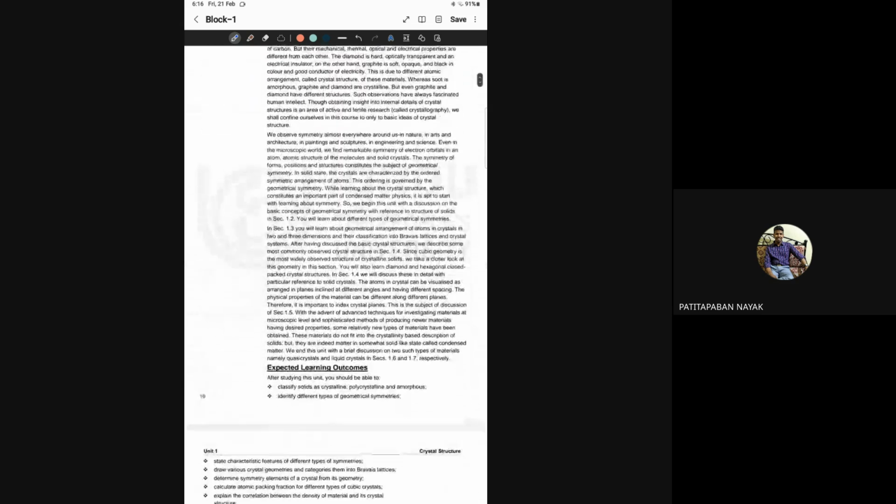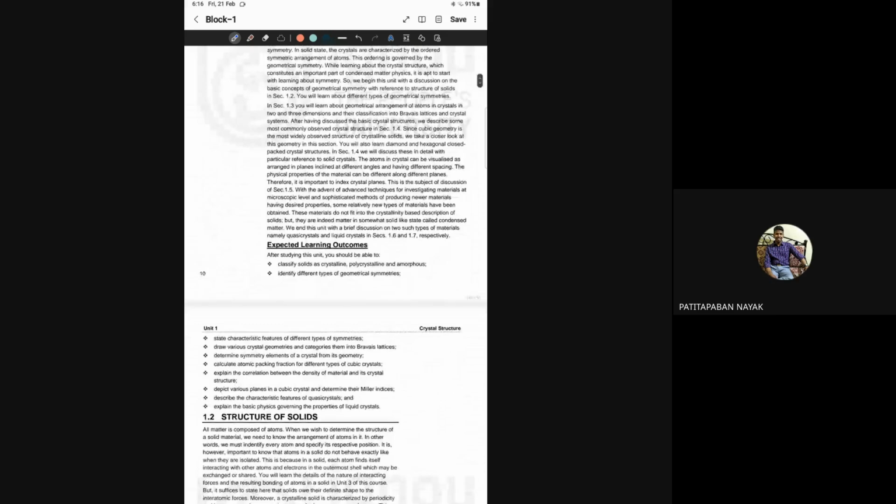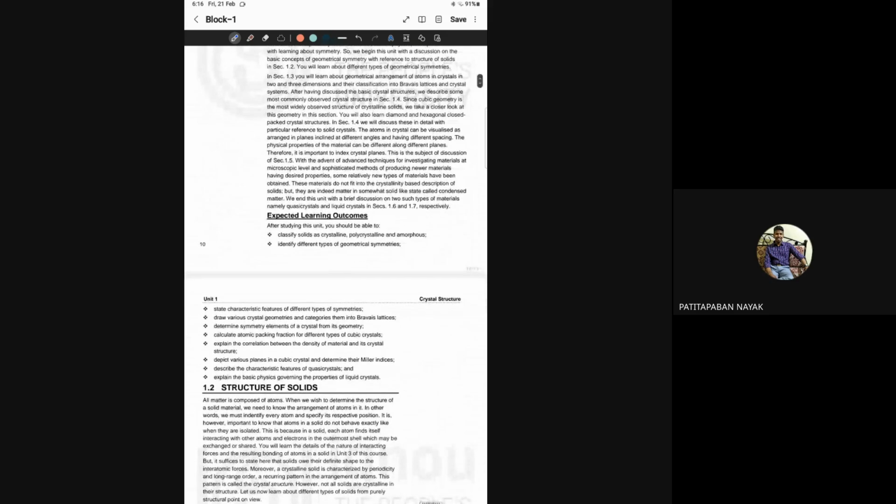And for that purpose, as you can see in this part, you will classify solids as crystalline, polycrystalline, or amorphous, and identify different types of geometrical symmetries. We'll discuss what a symmetry means and state characteristics of different types of symmetries, then draw various crystal geometries and categorize them into something called Bravais lattice.